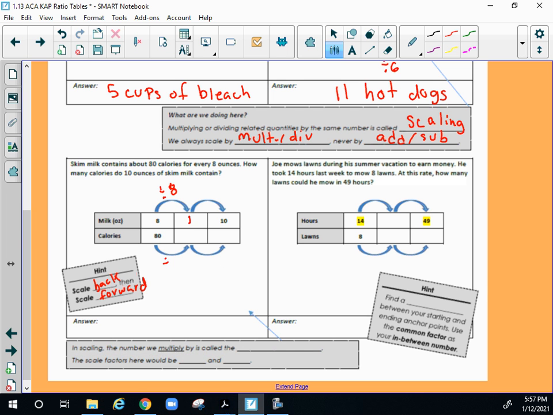Whatever I do to the top, I need to do to the bottom. Divide by 8, and that becomes 10. And then from 1 to 10, I can multiply by 10. And down here, multiply by 10 to get 100. So our answer for this one would be 100 calories.